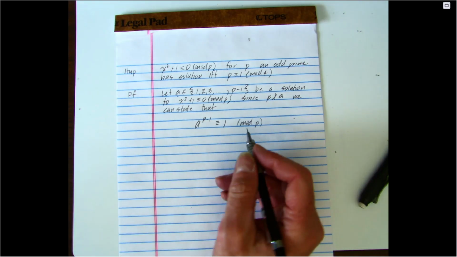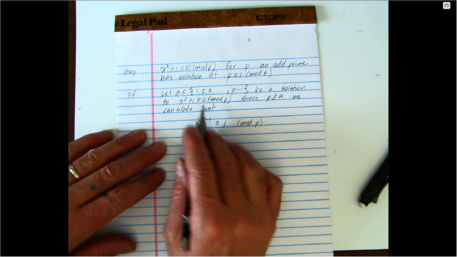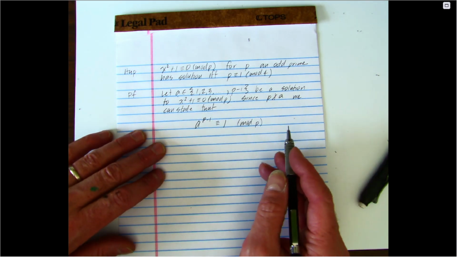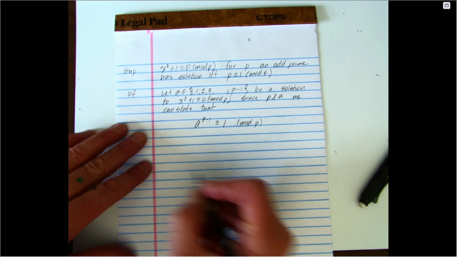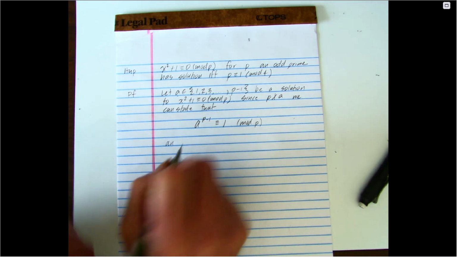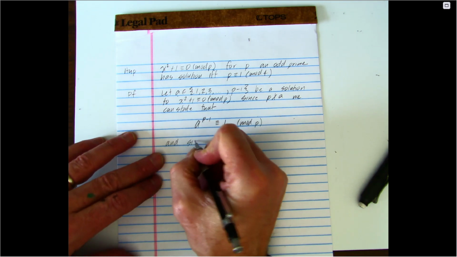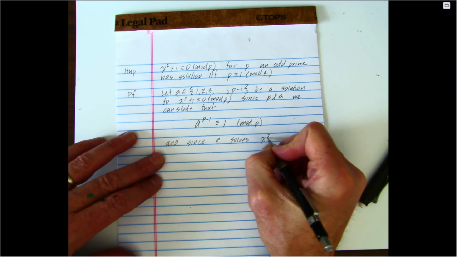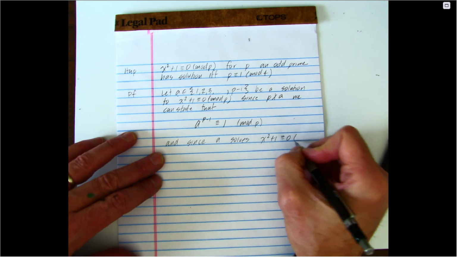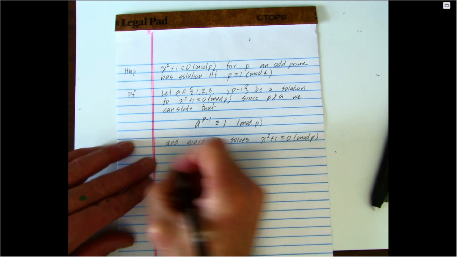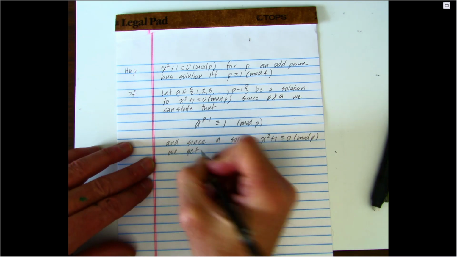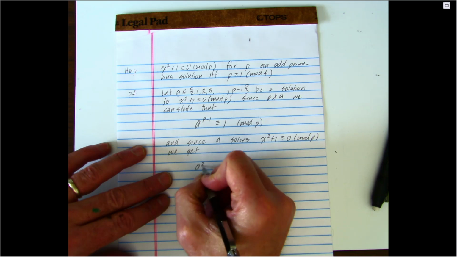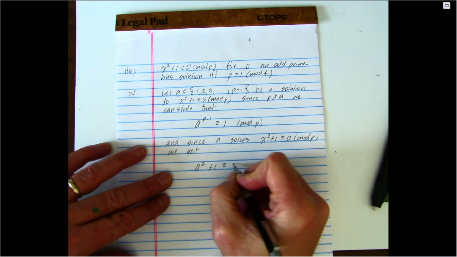So right away we can say that, even though we're picking one of these and saying it's a solution, this is also true. And since a solves x squared plus 1 congruent to 0 mod p, we said a squared plus 1 would be congruent to 0 mod p.